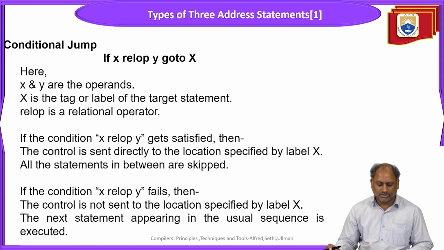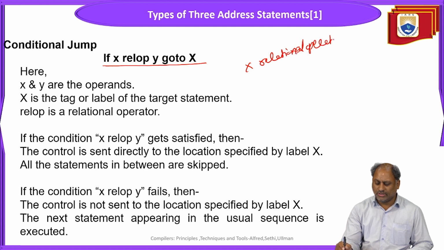The fourth one is the conditional jump. Here the expression is if x relational operator y. We know that various relational operators exist, such as less than, greater than, less than or equal to, greater than or equal to, not equal to, like that.